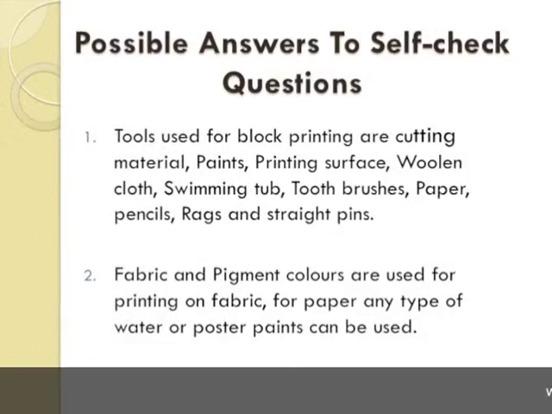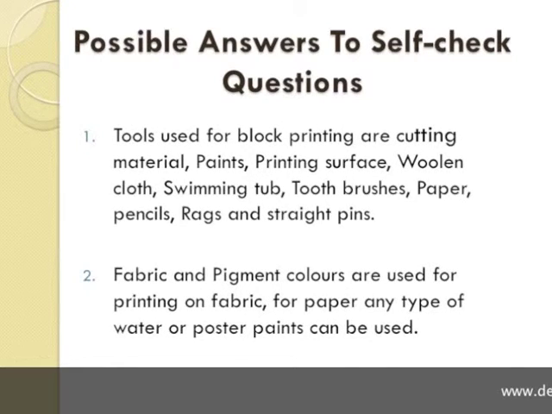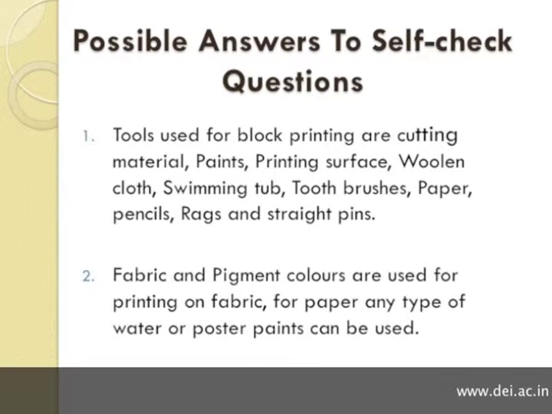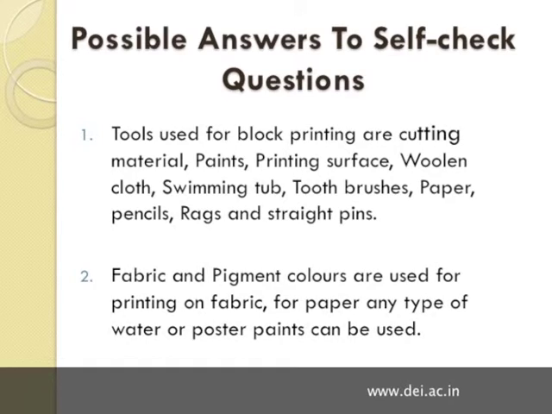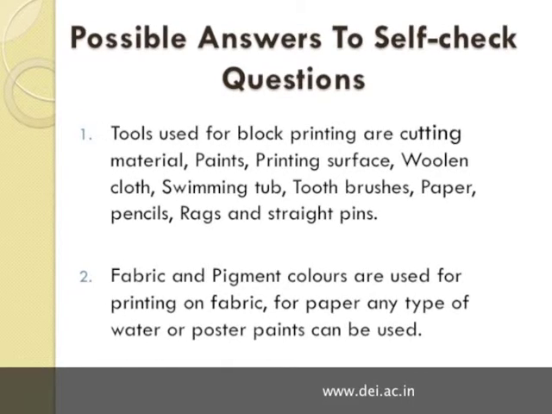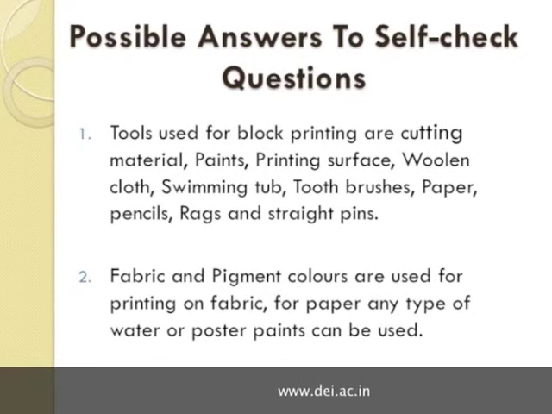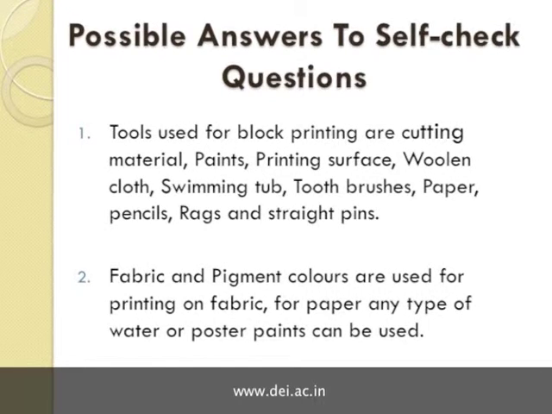Possible answers to the self-check questions. The first question was, what are the tools used for doing block printing? Tools used for block printing are the cutting material, paints, printing surface, woolen cloth, swimming tubs, toothbrushes, paper, pencil, rags, and pens.